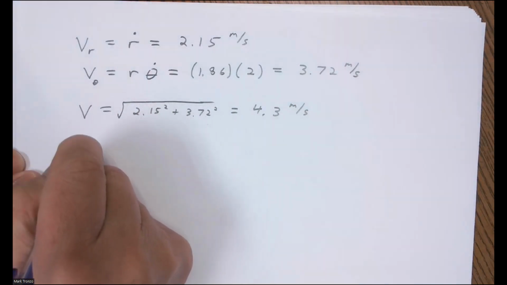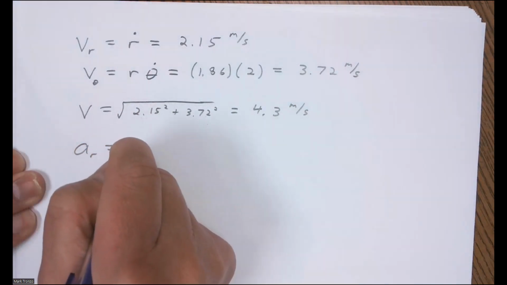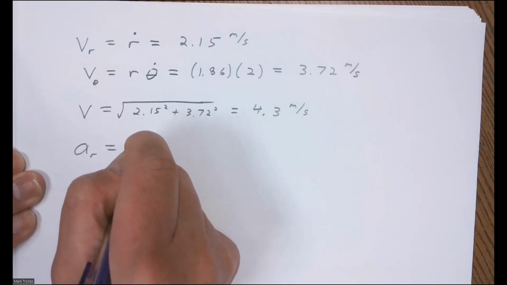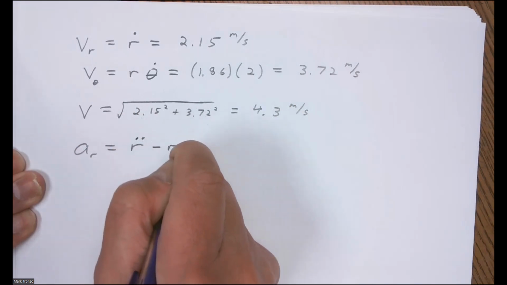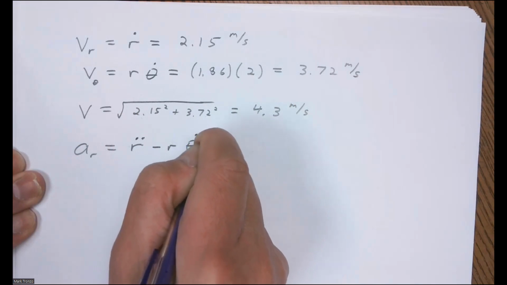Then once again, look at your equation sheet for a r. It's going to be r double dot minus r theta dot squared.